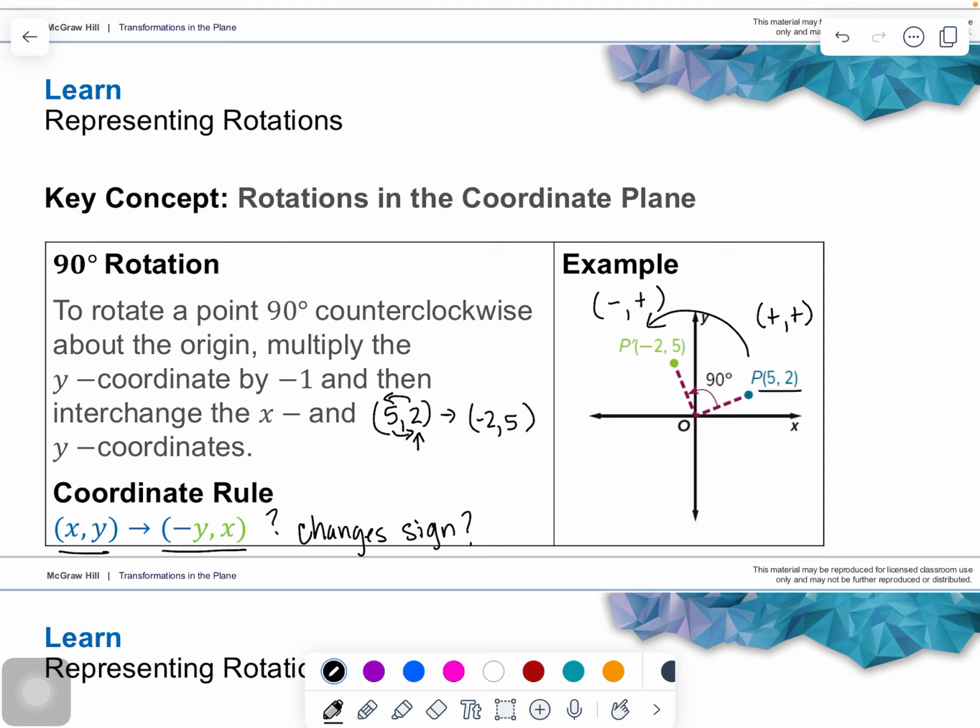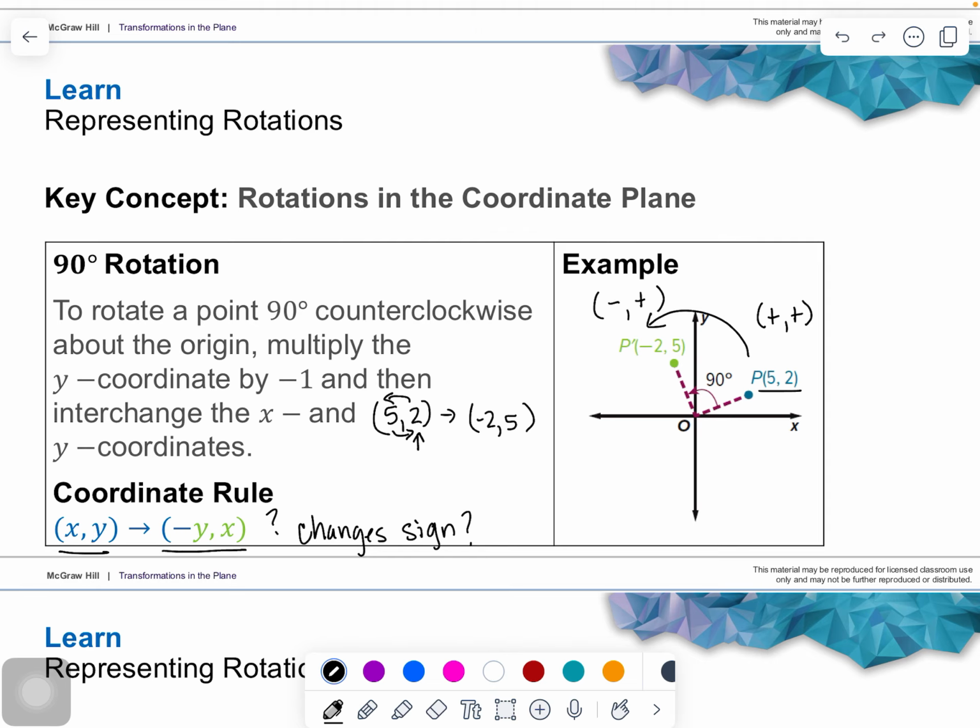Negative, plus, right? So if I move 90 degrees, I'm going to have to flip these. I'm going to have to change the 2 and the 5 to this quadrant's sign notation.